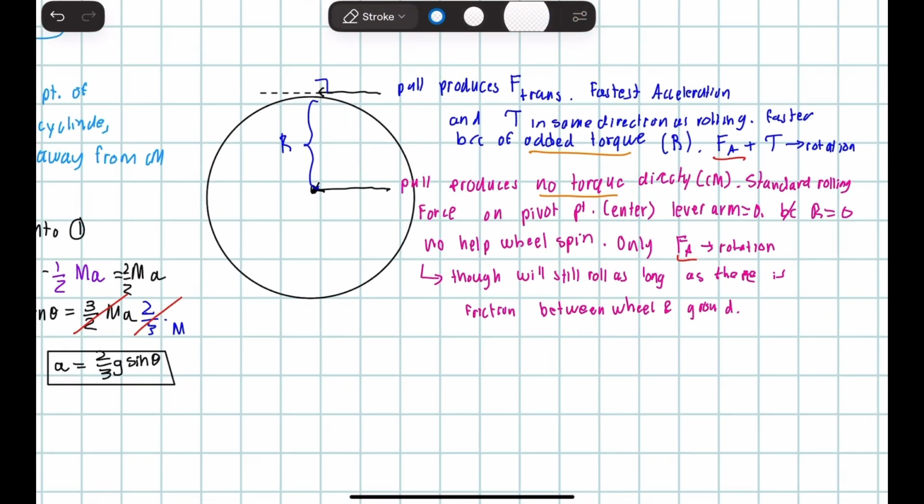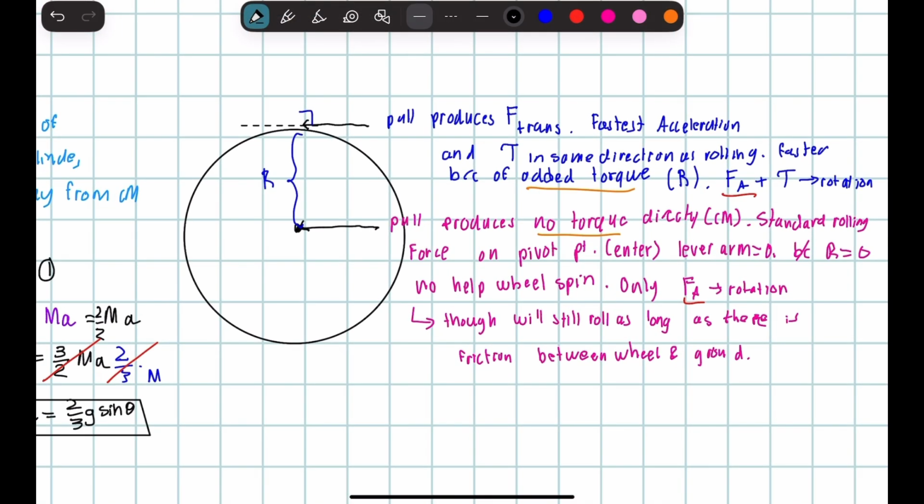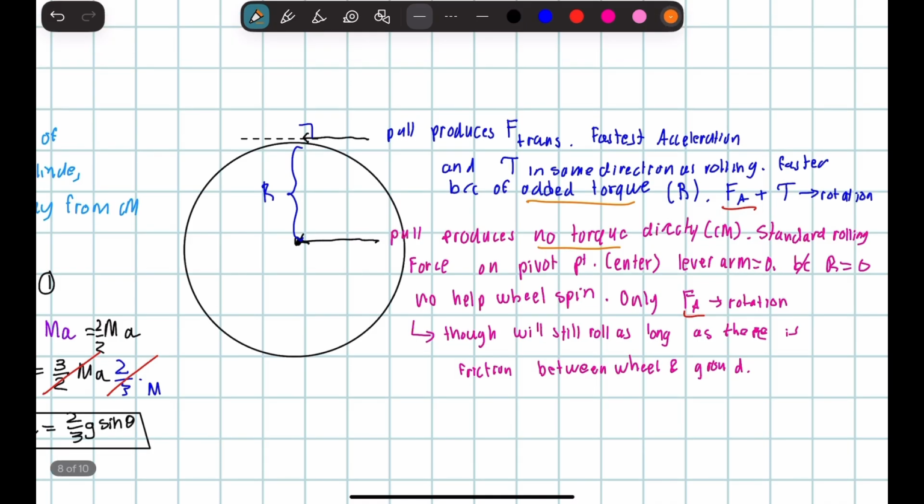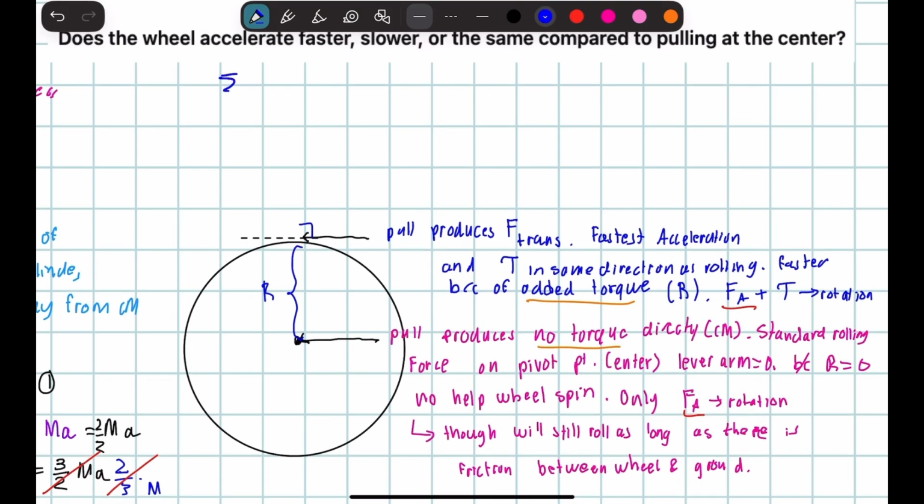Now, let's calculate the linear acceleration for both cases using Newton's second law for translation. We can use F is equal to ma, and for rotation, we have torque equals I alpha.